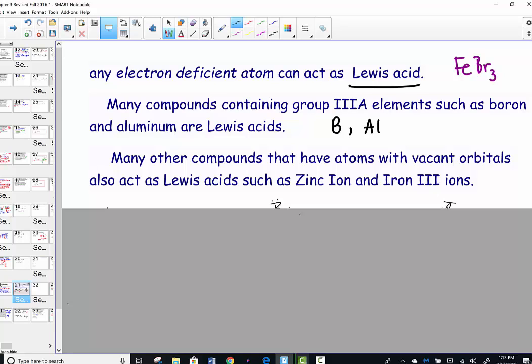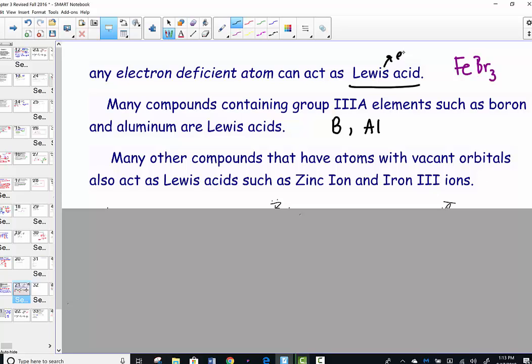I need to define Lewis acids, and we will in a moment, but they are electron pair acceptors. And I'm going to stress that in a moment. Other compounds that have atoms with vacant orbitals also act as Lewis acids, such as the zinc ion and the iron Roman numeral 3 ions.